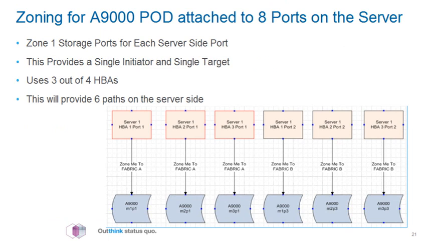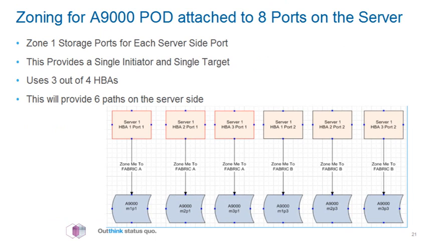Slide 22 is the A9000 pod, again attached to 8 ports on the server. So zone 1 storage port for each server side port. We've left out, and did not show it on the diagram, HBA number 4. Right?